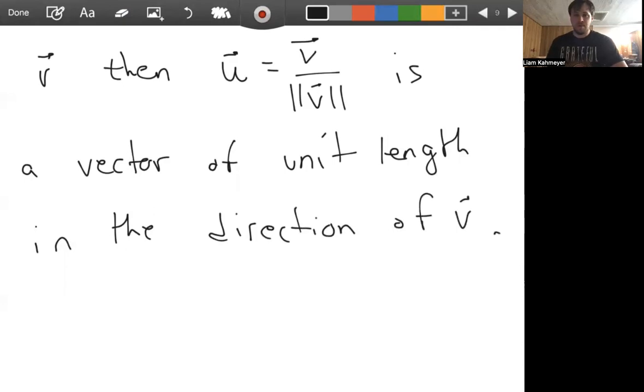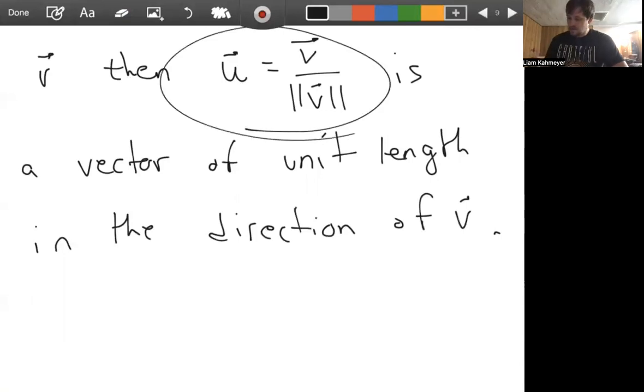We know that already. So what you can do, if you already have an orthogonal set, you can always construct an orthonormal set by scaling every vector by 1 over its magnitude.